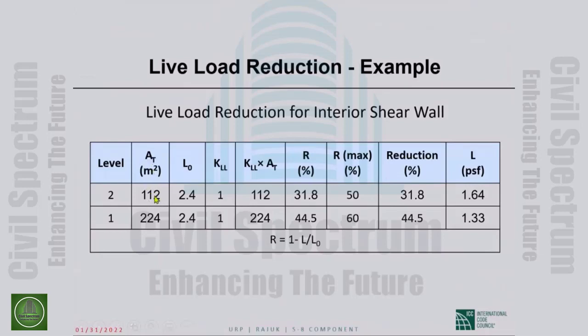For the shear wall, if you go back to the figure, the tributary area comes to 112 square meters. So the first level would be 224, 2 times that. The unreduced live load is the same as before. K sub LL, as I pointed out, is now 1, not 4 anymore. This is a shear wall.